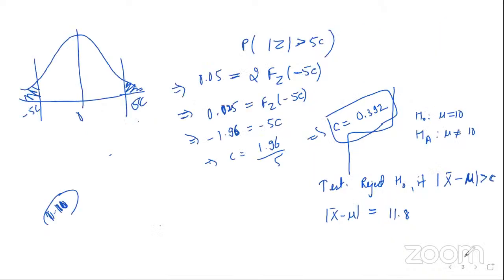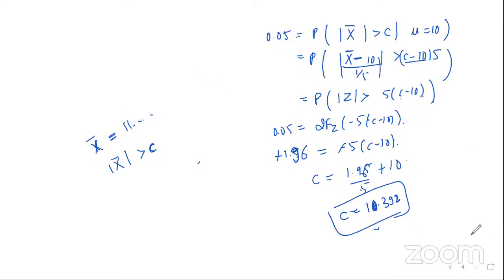Ma'am, shouldn't that be, since mod of X is becoming 11 point something, but that's not equal to C? Like we are testing absolutely bang on for equal to C, aren't we? Yeah, this is absolutely greater than C, right? Had we got some value that was less than C, we would have still rejected it, don't we? No, we did not get a value that is less than C. The value of X bar was given in the problem.